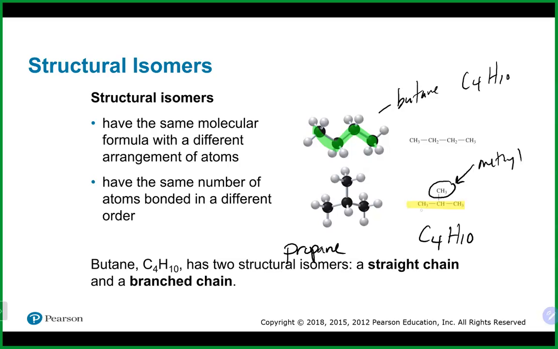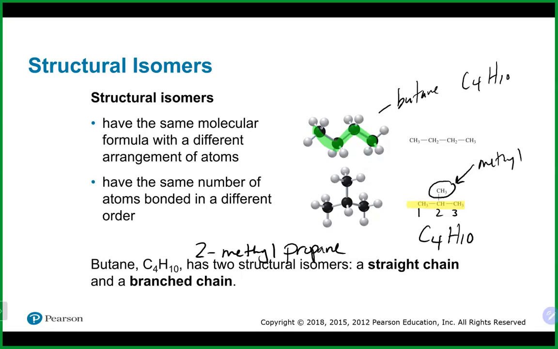If we numbered our carbons, 1, 2, 3, no matter which way you go, it will put that methyl group at carbon number 2. So this is what is known as 2-methylpropane. That is a different name than butane, which means I actually have drawn a different structure, and those two would be isomers of each other.